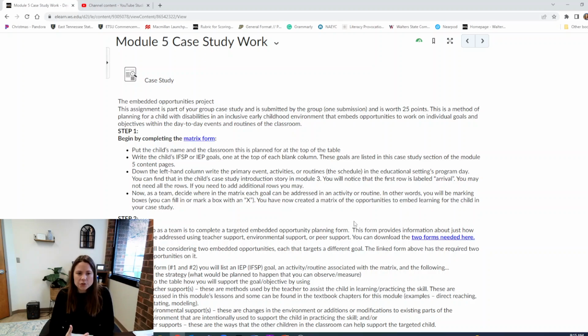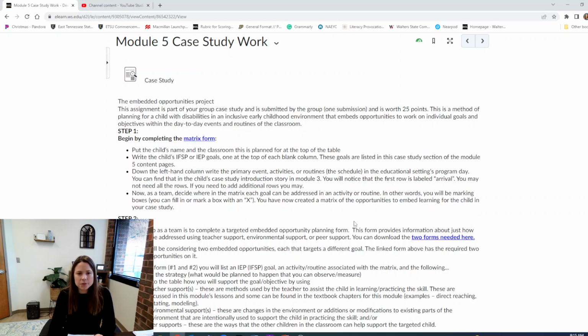So now what you're going to do is something called an embedded project. With that same child that you were working with, you are going to think about planning an inclusive environment, right? This module 5 is really talking about looking at the opportunities throughout the day.